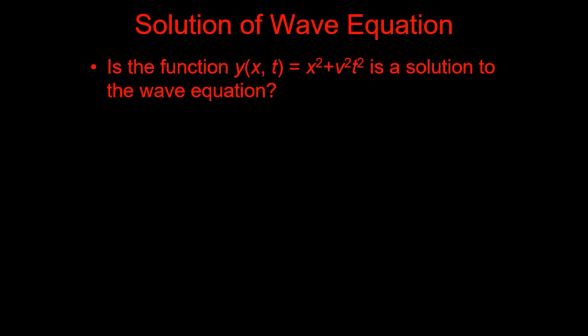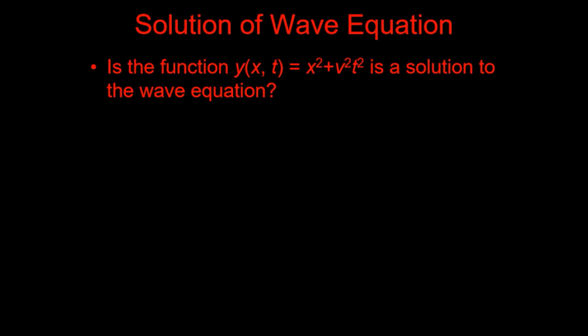So the question here is, we have a function y, and that's equal to x squared plus v squared t squared. Now, is this a wave or not? If it's a wave, then this particular function will be a solution to our wave equation.